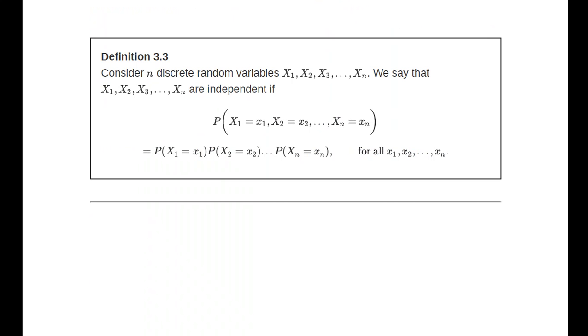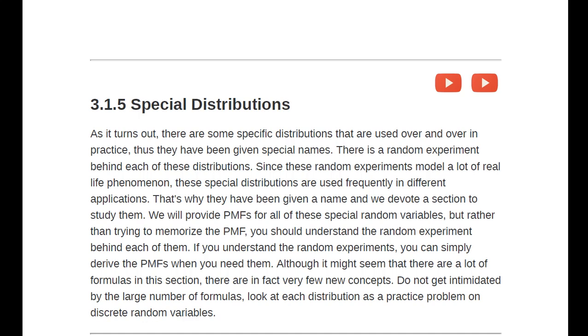We say that X1, X2, X3 until Xn are independent if the probability for X1 equals small x1, X2 equals small x2 until Xn equals small xn equal to probability of X1 times the probability of X2 times the probability of X3 until Xn for all x1, x2 until xn.